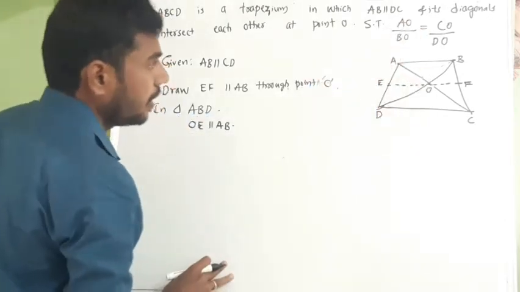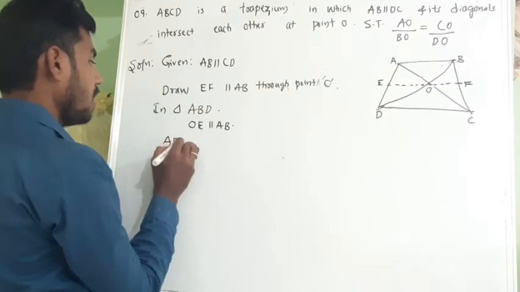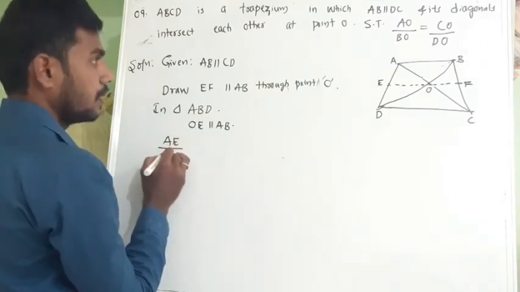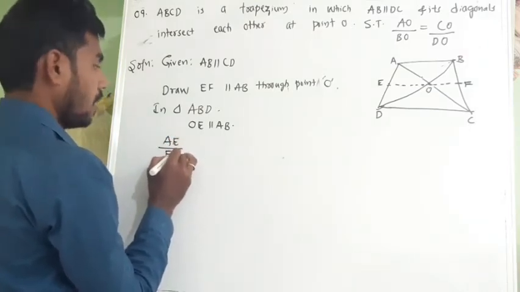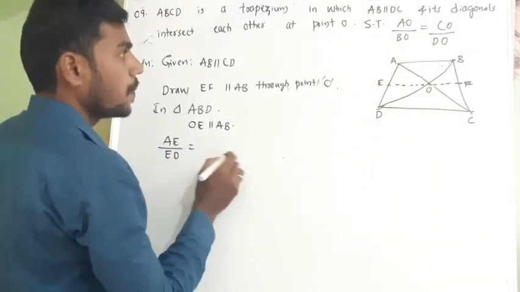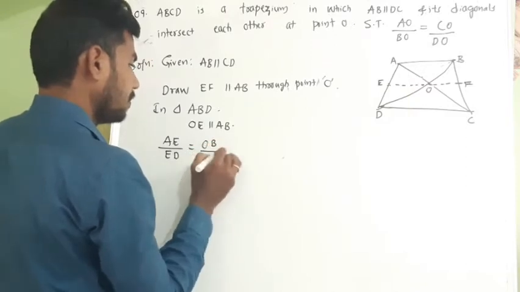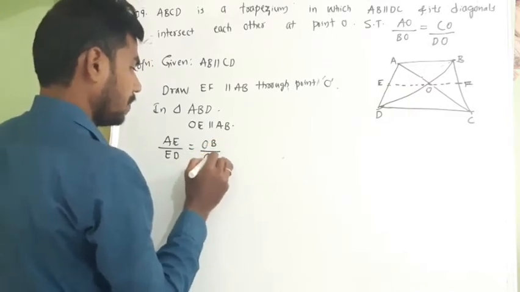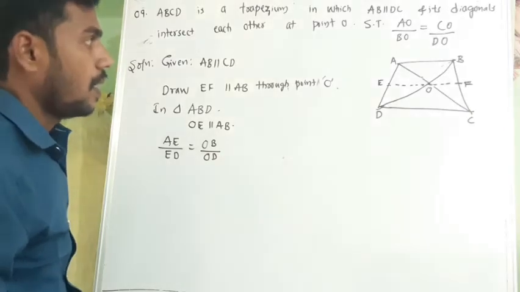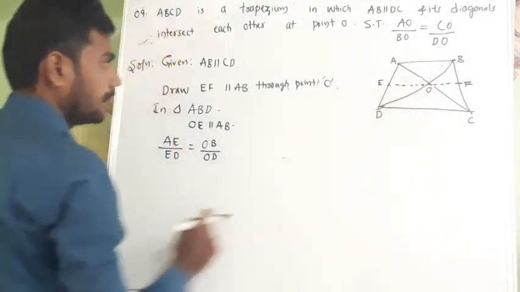What can I write there? AE by ED is equal to OB by OD. Can I write?